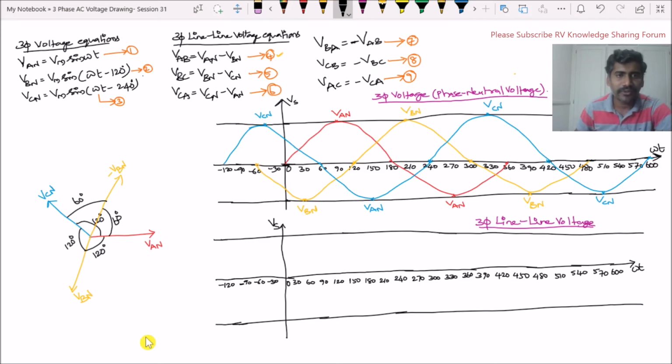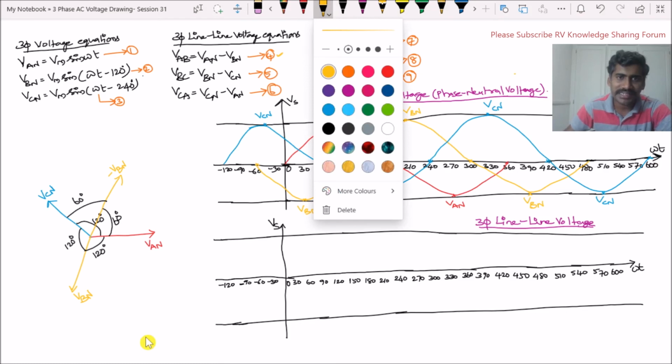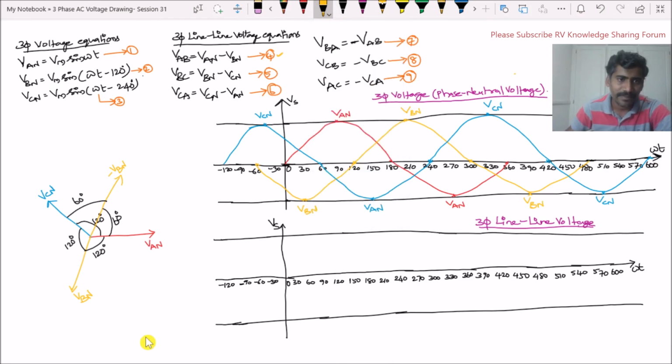Now we want to have line voltage VAB, right? For that we have to add the phasor VAN and minus VBN. So for that, draw a minus VBN phasor in parallel. So this is our minus VBN phasor which is drawn in parallel.